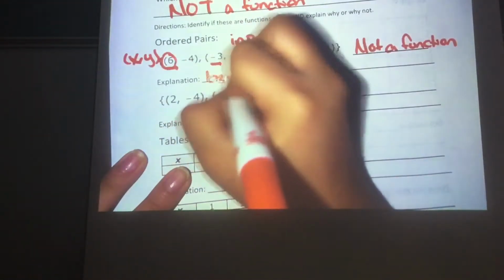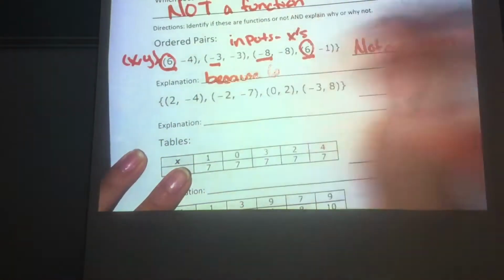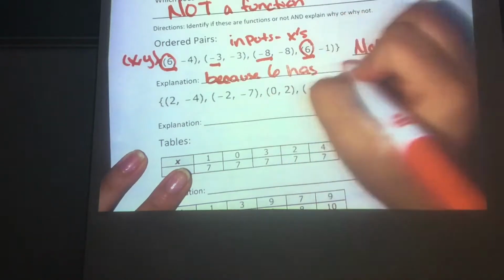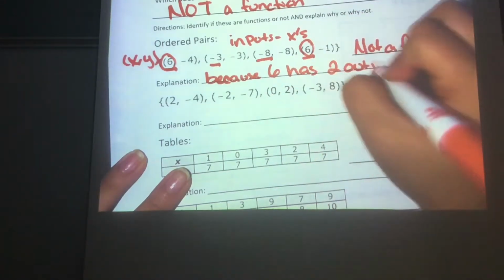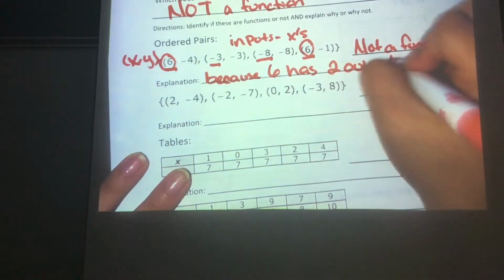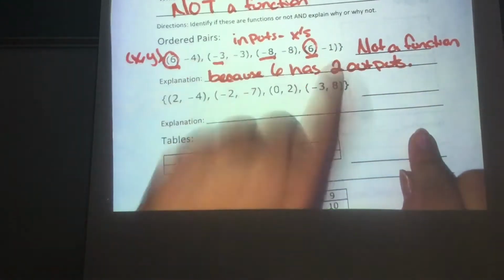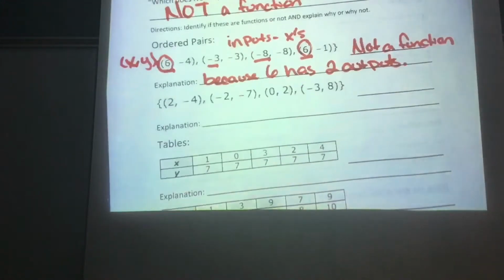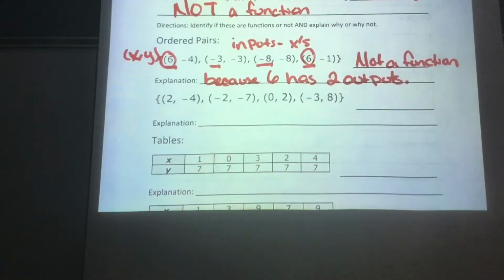Why? Because 6 has two outputs. So 6 gives me both -4 and -1. So since it gives me two outputs, it is not a function.